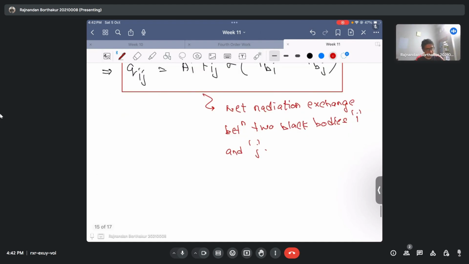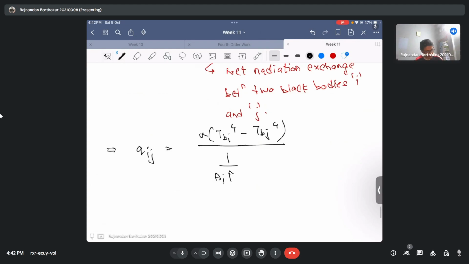And now what you can do is represent this Qij for black bodies as something like this: sigma times (TBI raised to the power 4 minus TBJ raised to the power 4) divided by 1 by AI Fij.